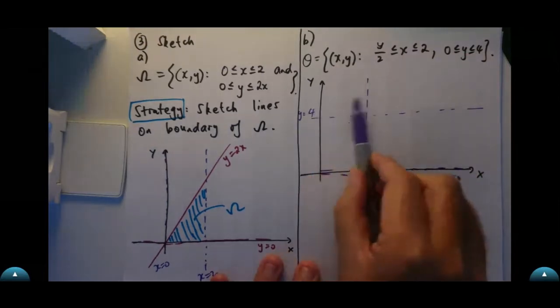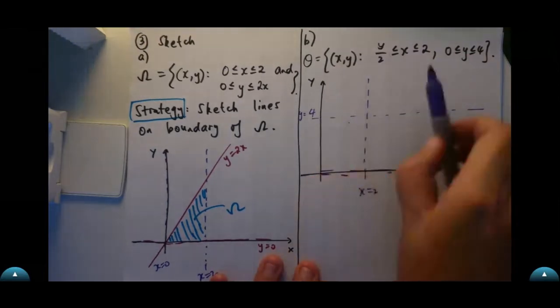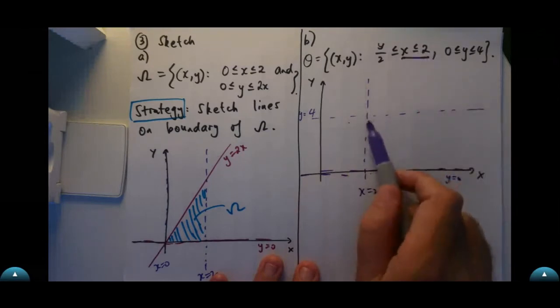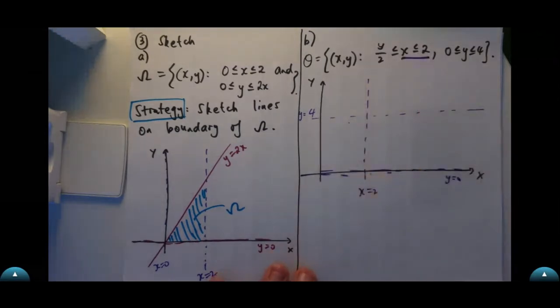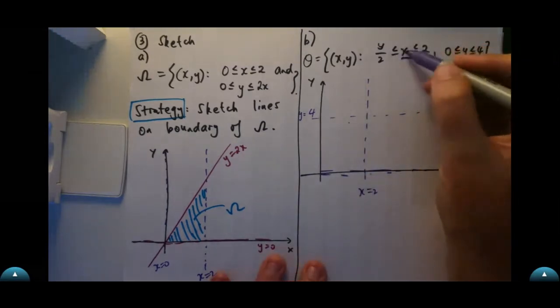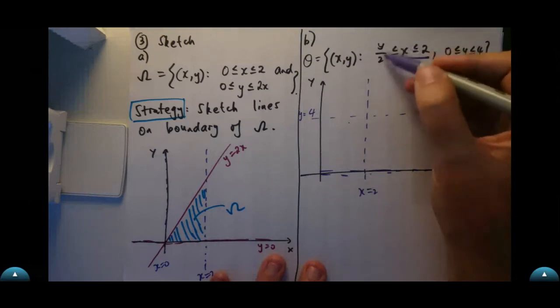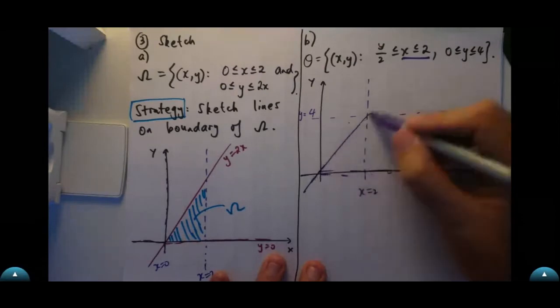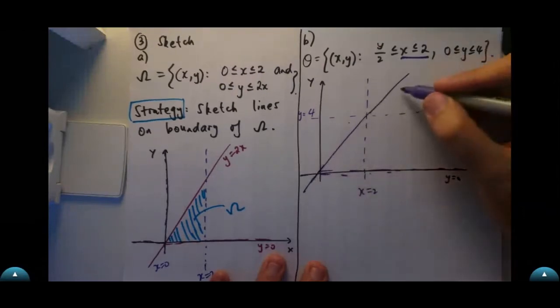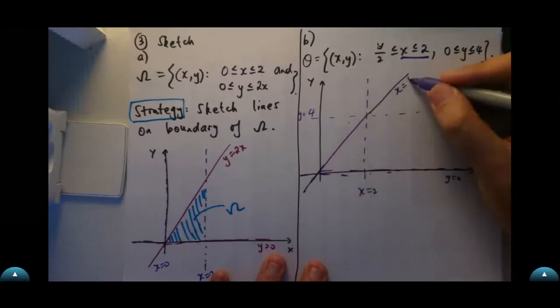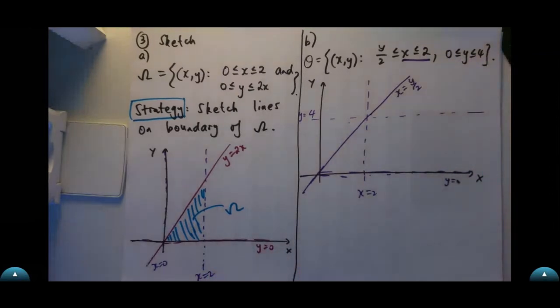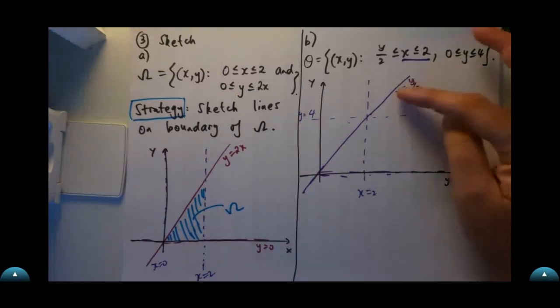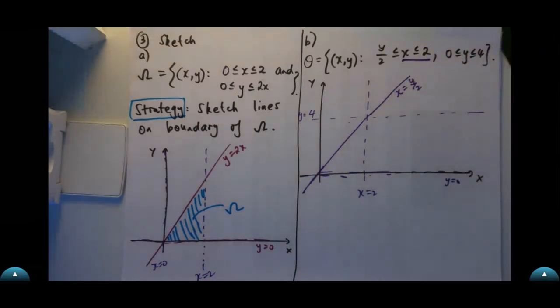I can't go to the right of that because x is always to the left of that line. Now the line x equals y on 2 is actually going to be this line here. It's the same line as y equals 2x.